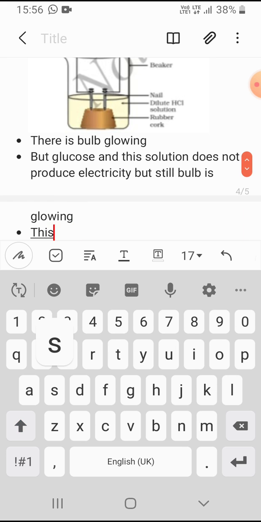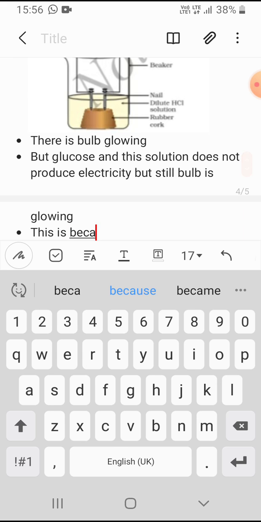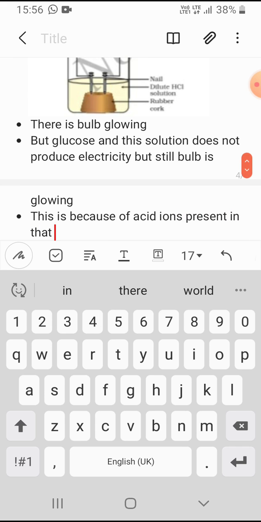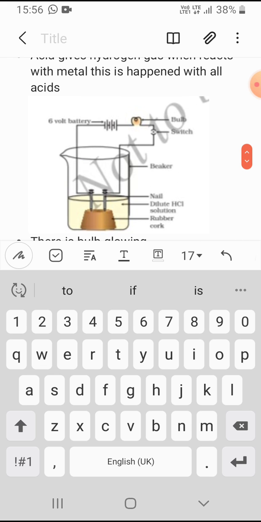This is because of the acid ions present in that reaction.